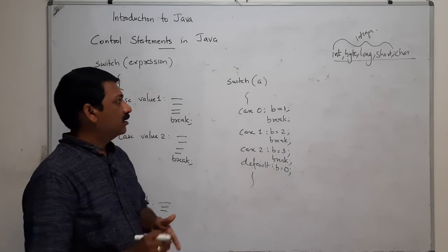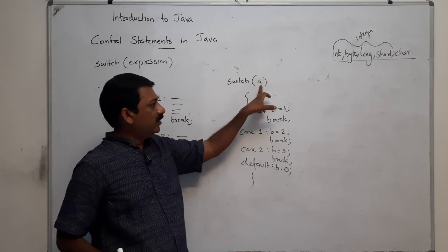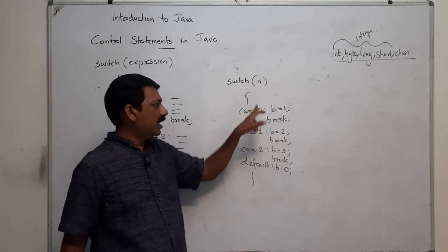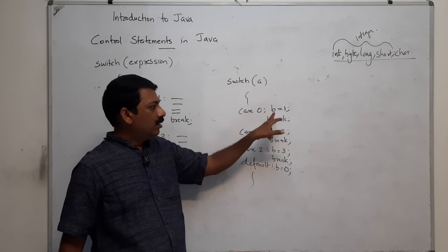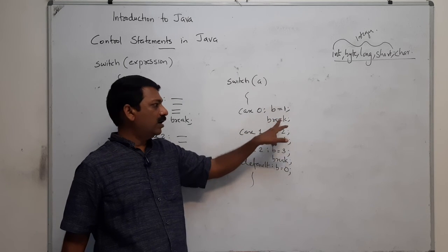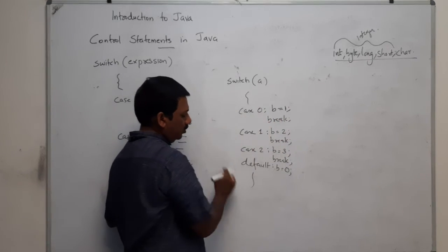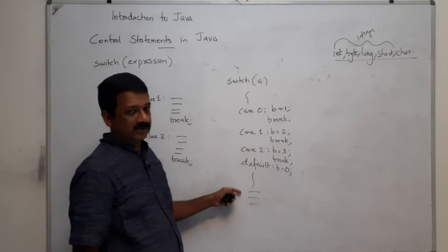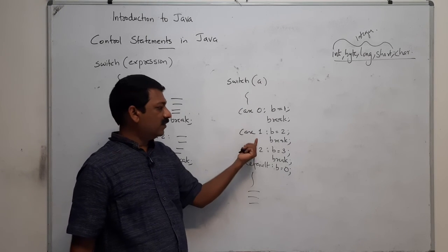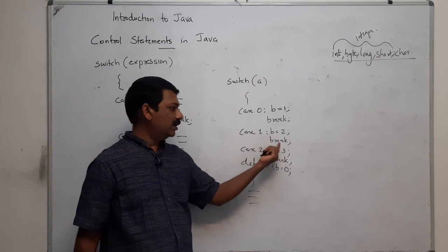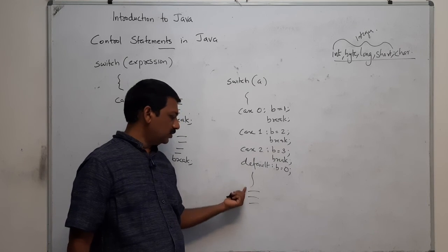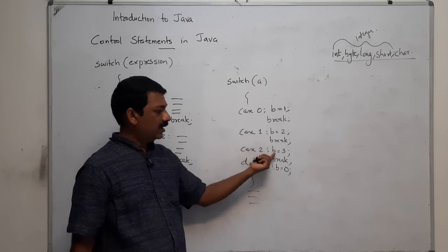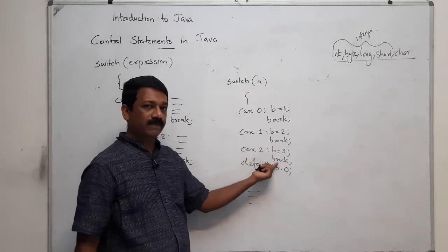Here A is evaluated, and depending on the value of A, if A is 0, then B is assigned the value 1, and then breaking means it will go to this location. That means after this we will execute the next statement. If the value of A is 1, what will happen? B is assigned the value 2, and then it breaks and executes the statements after that. If A is 2, B is assigned the value 3 and then breaks.